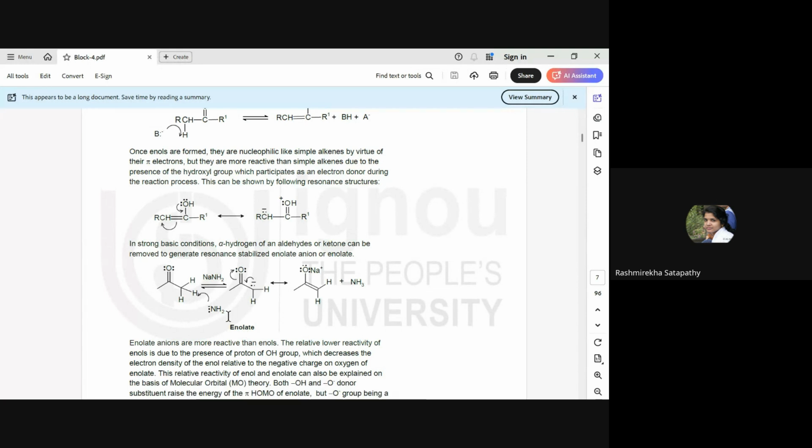So in a strong basic solution like sodamide, Na plus NH2 minus, the NH2 minus takes the proton, and this bond moves to this carbon and it gets a negative charge, and this double bond also moves. So the ketone is converted to the resonance stabilized enolate anion, or enolate.